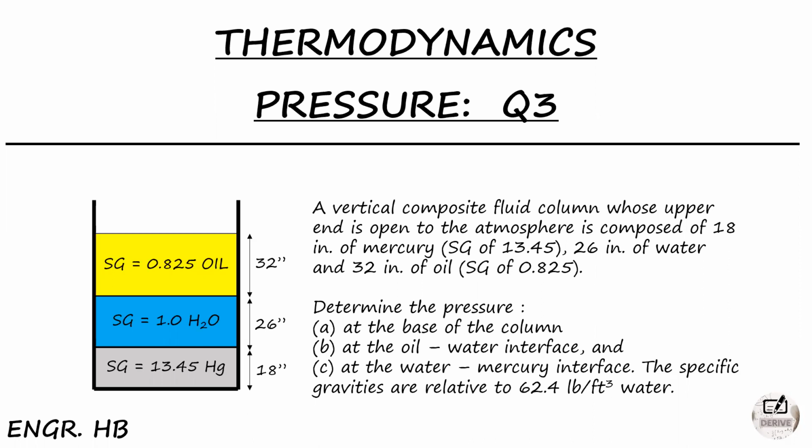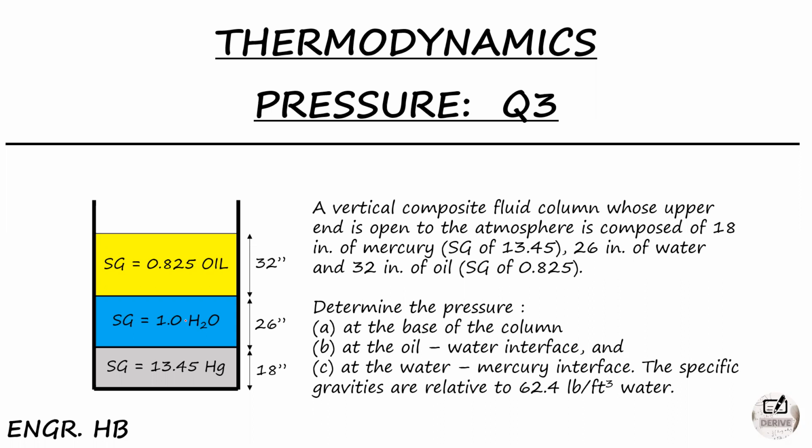So here we are now at the third question for the topic of pressure, still under the subject of thermodynamics. The question is: a vertical composite fluid column whose upper end is open to the atmosphere is composed of 18 inches of mercury, specific gravity of 13.45, 26 inches of water, and 32 inches of oil with specific gravity of 0.825.